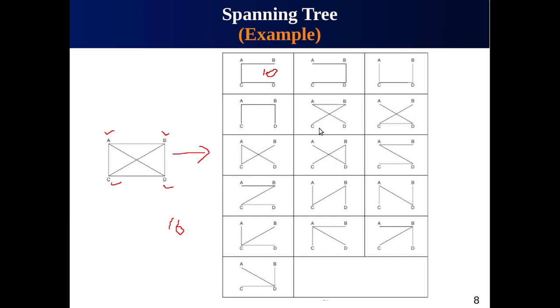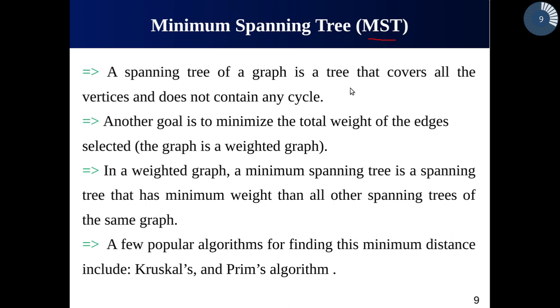If you remember the weighted graph, it could be cost, congestion, distance, etc. Here we have 8, here we have 6, and the total weight here is 4. Now you can see what the best solution is in all these cases: the minimum cost, which is 4 here. We will select this spanning tree, and that is the responsibility of the minimum spanning tree algorithm.